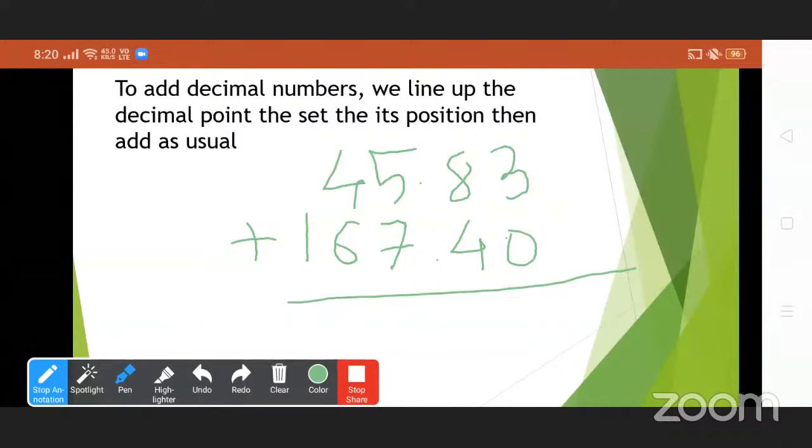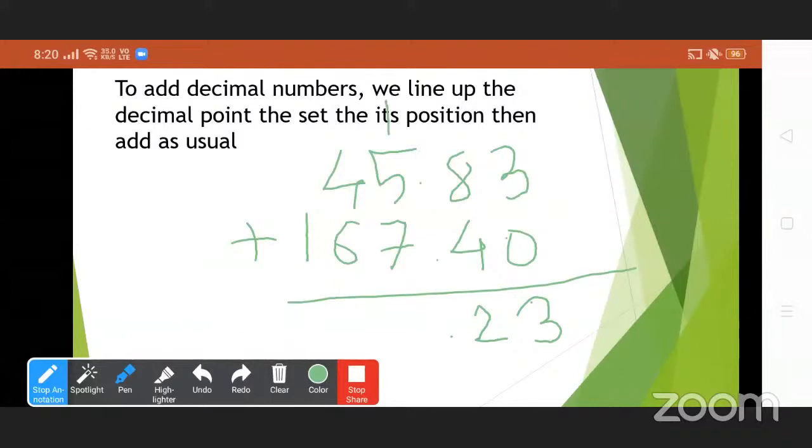3 plus 0 is 3. And 8 plus 4 is 12. So we will write here 2 and carry 1.